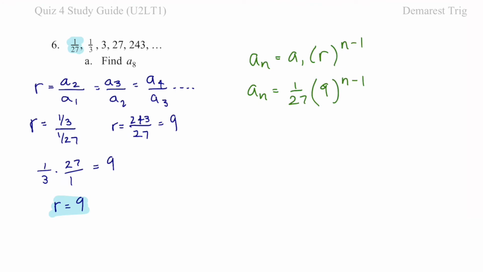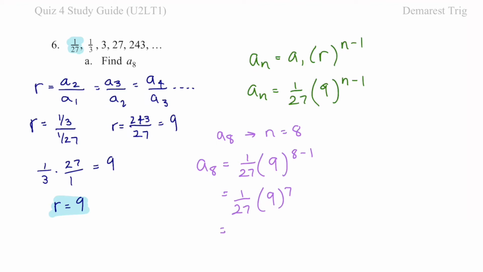If I want to find the 8th term, A_8 is telling us we're looking for the term in position 8. So I will plug in 8 for n. So A_8 equals 1 over 27 times 9 to the 8 minus 1, 1 over 27 times 9 to the 7th, and then this is just going to go right into my calculator, parenthesis 1 divided by 27, close parenthesis, times 9 to the 7th, and I will get 177,147 as my final answer to this problem.